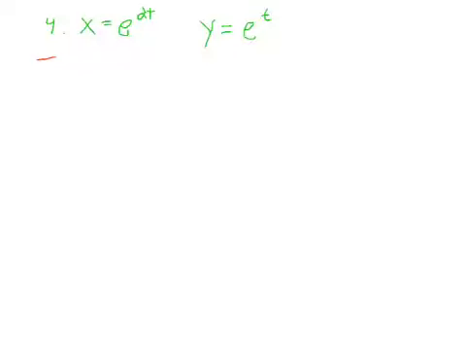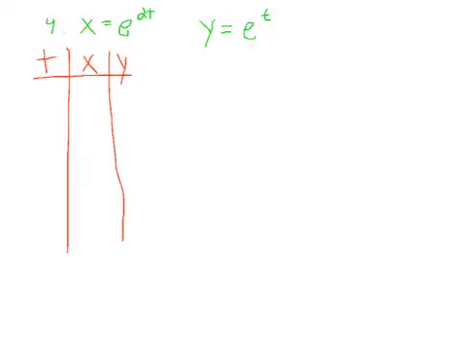So let's make a table, t, x, and y, and we'll just plug in some basic values for t: -2, -1, 0, 1, and 2.